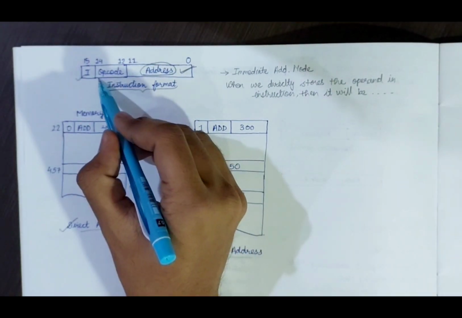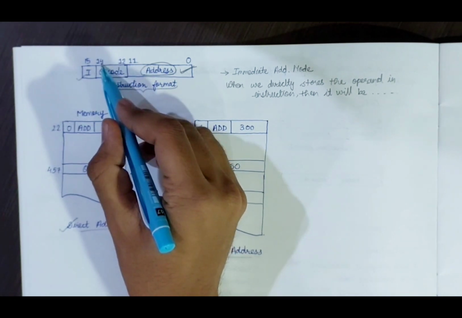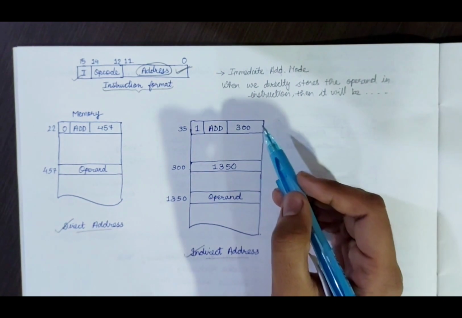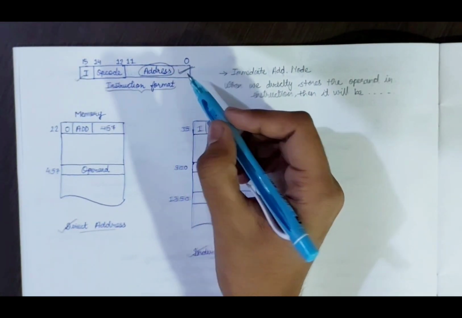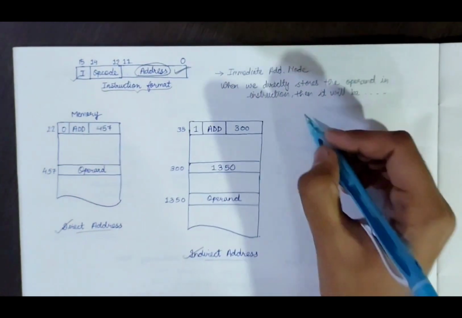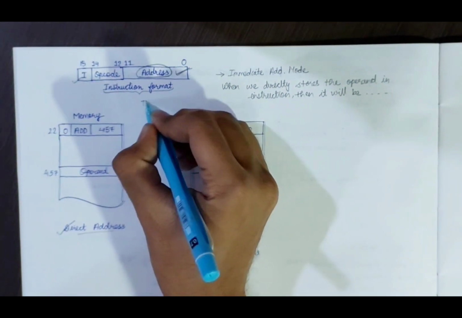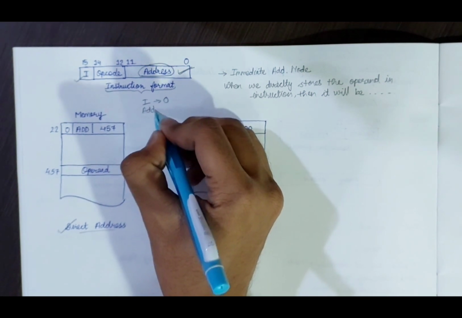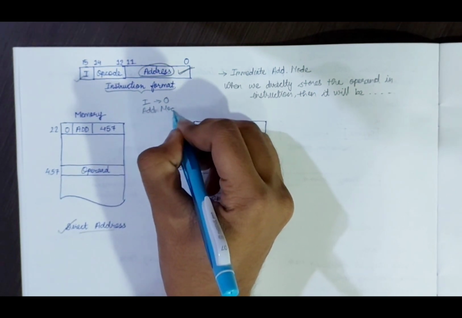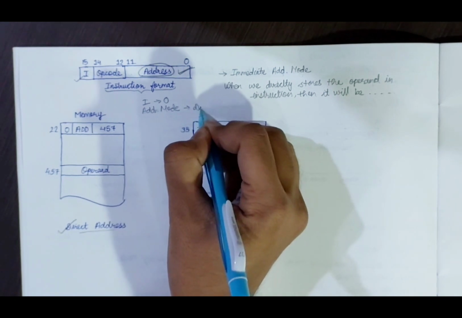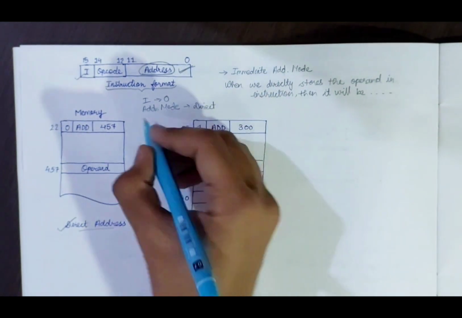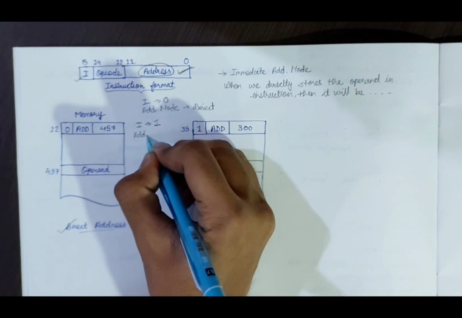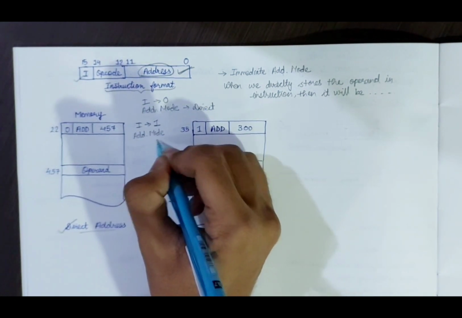And we have made the opcode 3 bits, 14, 13 and 12, rather than 4 bits. So this change we have done in the instruction. We have said that when the ith bit is 0, the addressing mode will be direct addressing mode, and when the ith bit is 1, the addressing mode will be indirect addressing mode.